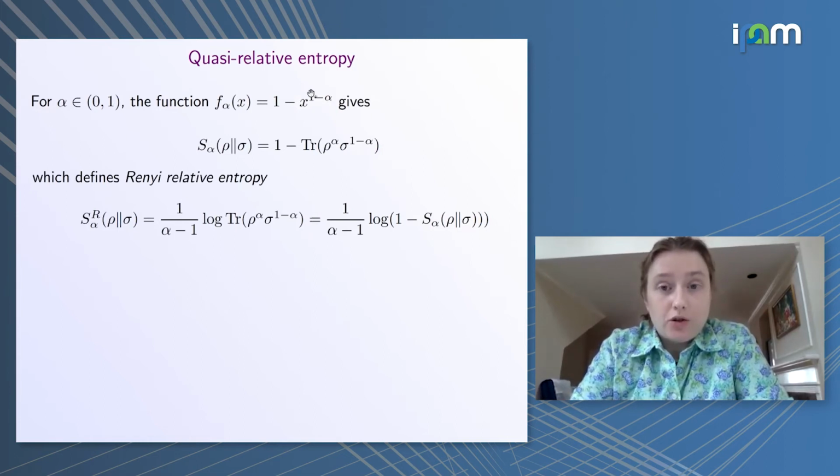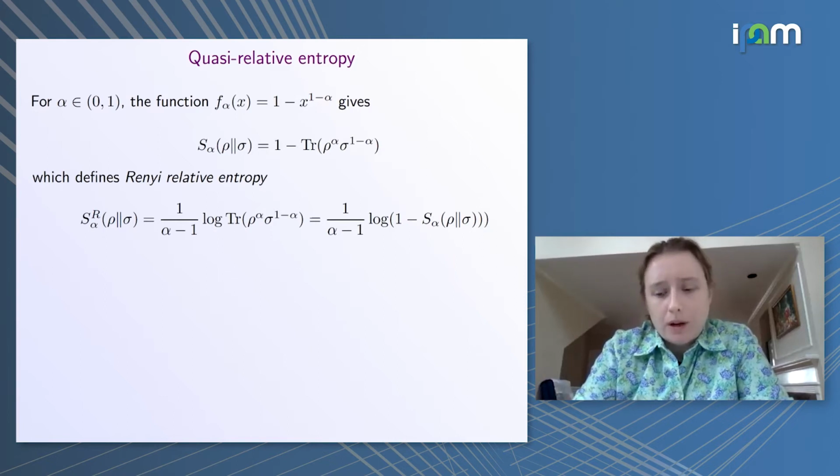If you take the power function without the normalization, it gives you some alpha quasi-relative entropy, which is the basis for the Renyi relative entropy. The Renyi relative entropy has a log function after you take the trace. So it's not a direct special case of the quasi-relative entropy, but it can be derived from there.